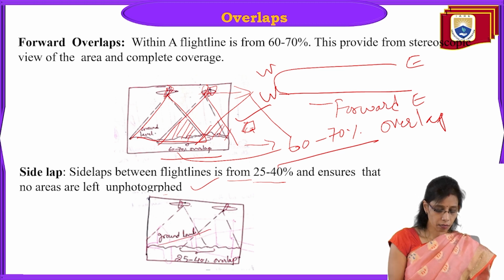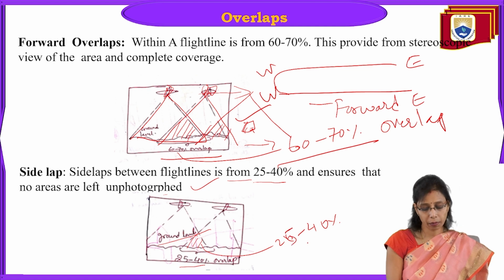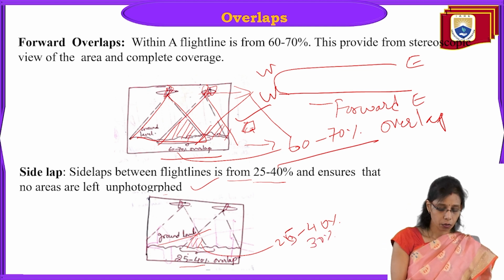So this is the ground level and the overlap is 25 to 40%. Here you can see the area which is overlap, mostly 25 to 40%. In some cases it may be up to 30%, right? So this is side lap.